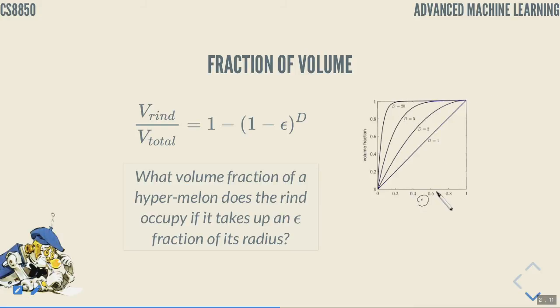But say our dimensionality is just 5, for 5D, if the outer shell is 60% of the radius, it's taking up all of the volume, so the other 40% doesn't matter.